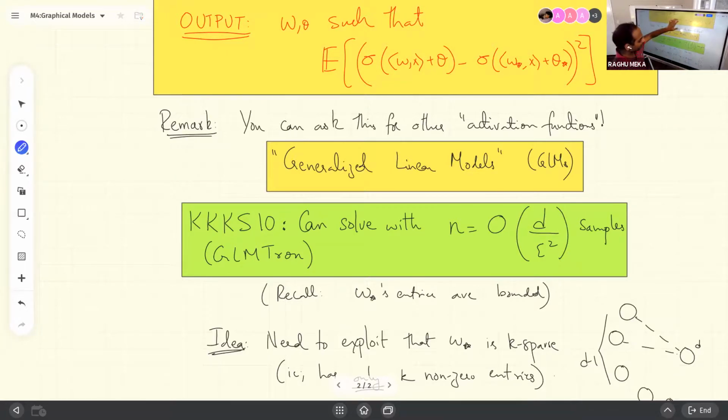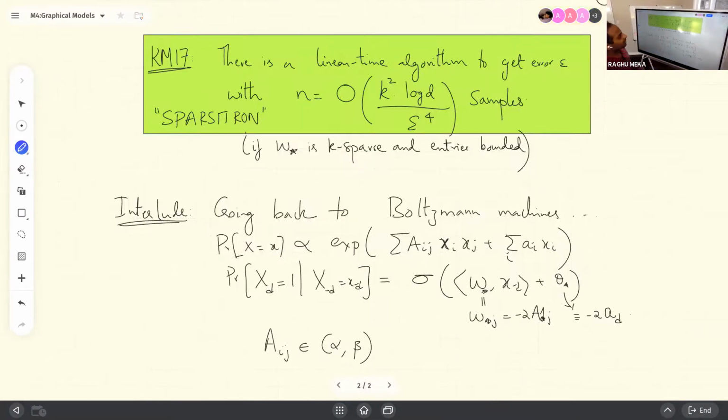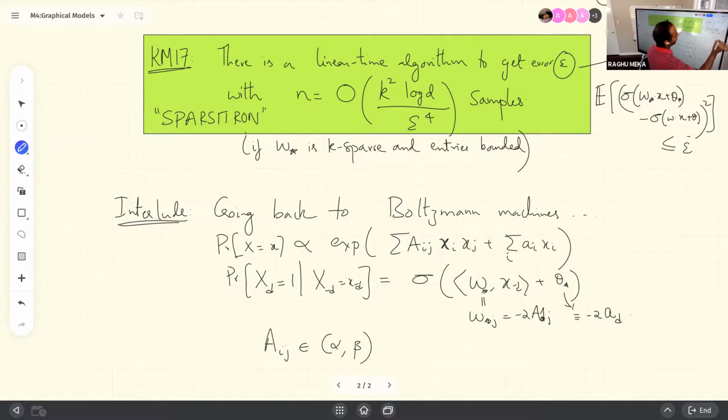So to get error epsilon, meaning we can find W such that, right, this is what the prediction error guarantee is telling us.